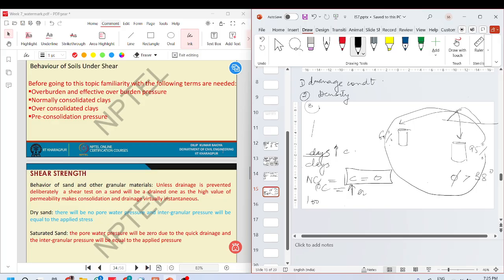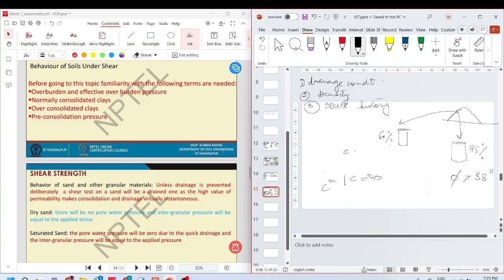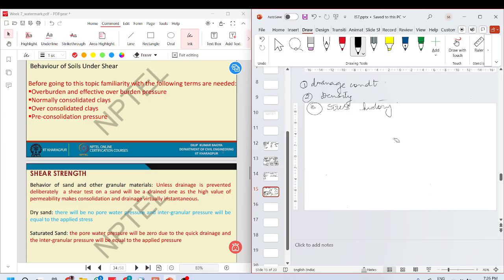The third thing is stress history, or the loading history. These are the things on which your soil behavior will depend, and your c and phi values will change based on this behavior.